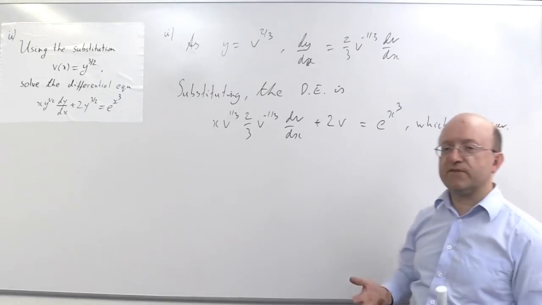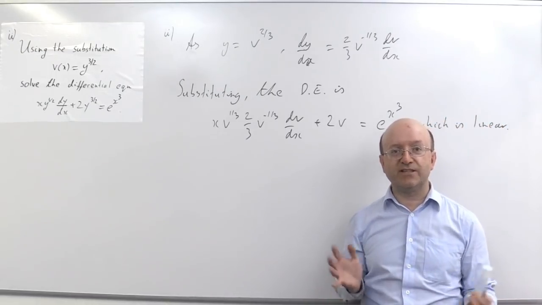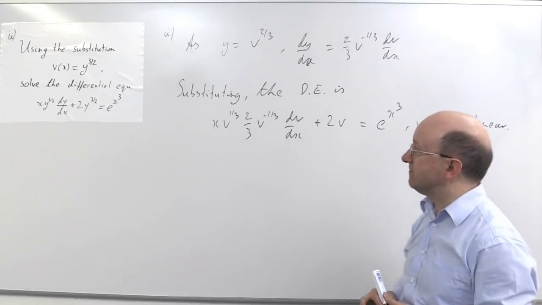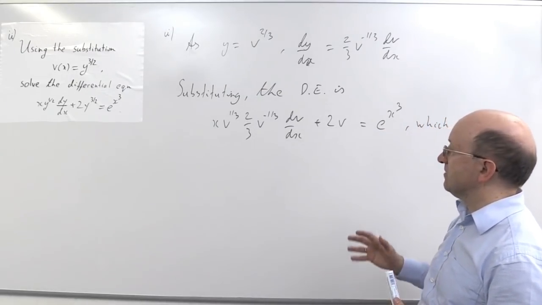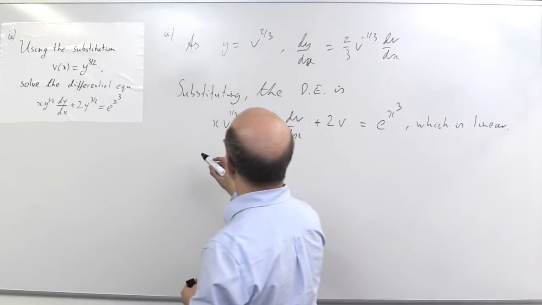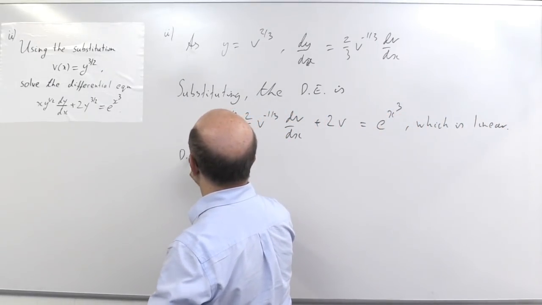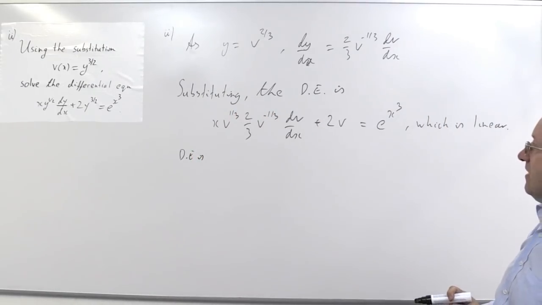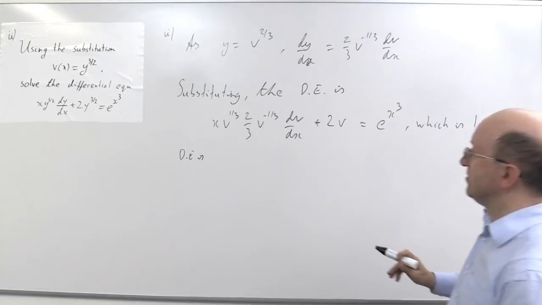Remember, the technique for solving a linear DE is to multiply through by an integrating factor, a factor that will make the left-hand side a complete derivative. And in this case, I said we want the standard form. So we're dividing through by x and the 2 and multiplying through by 3 and so on.